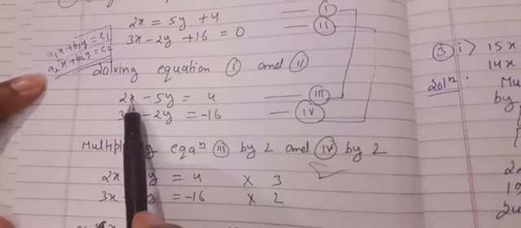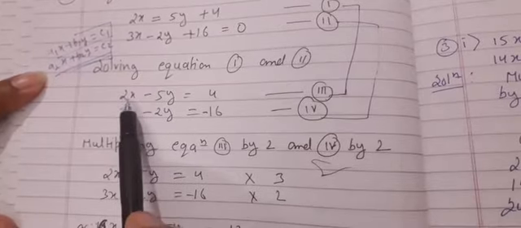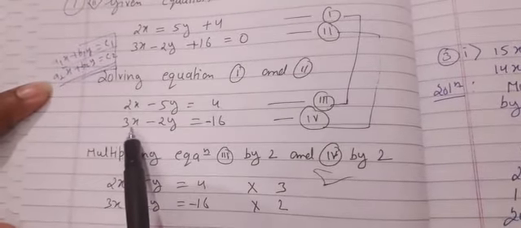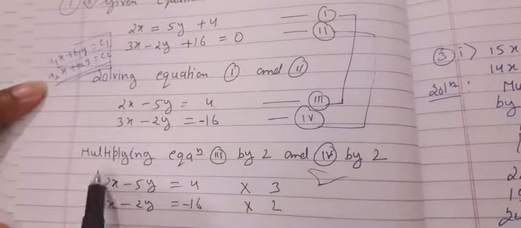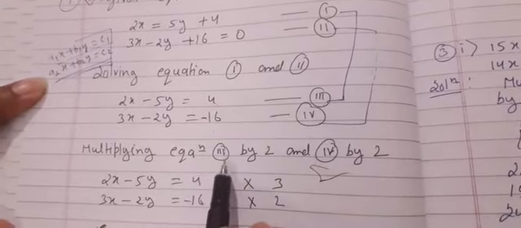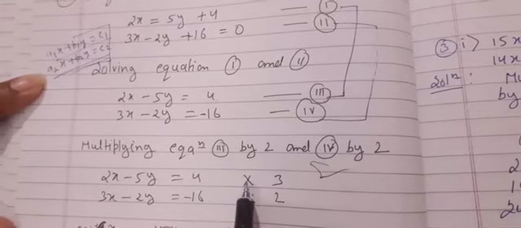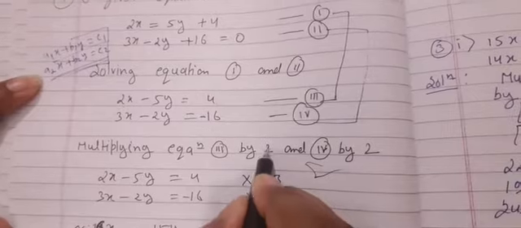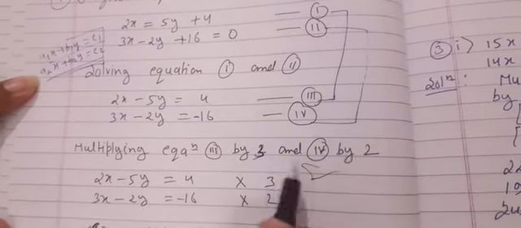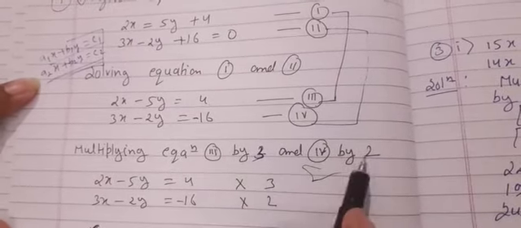So I will multiply the first equation by 3 so that it becomes 6x, and this equation by 2, so this will also become 6x. I have written multiplying equation 3 by 3 and equation 4 by 2.